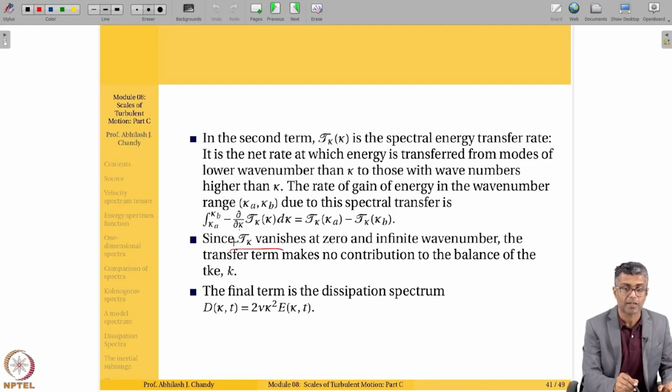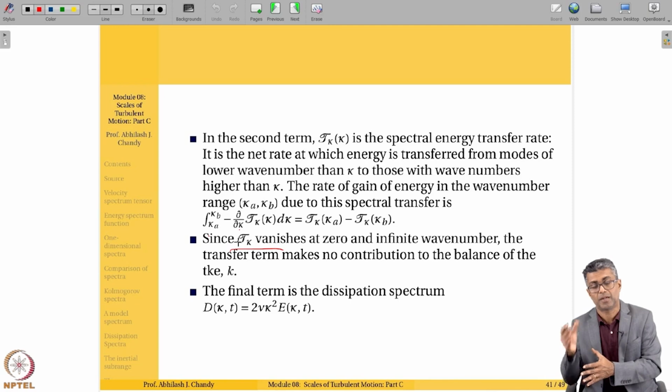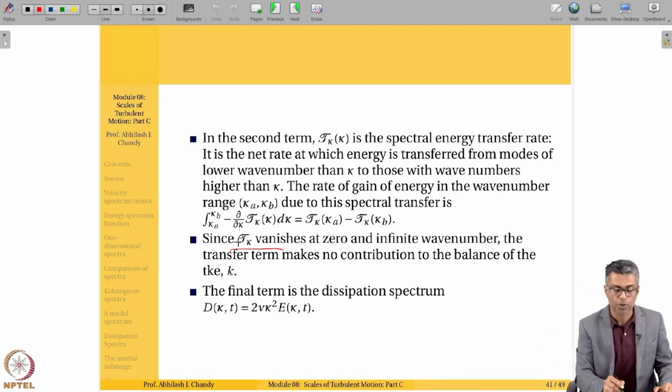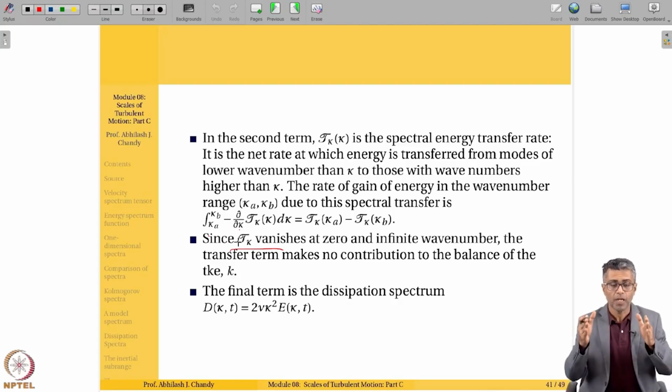Since you are integrating a derivative, you will actually get that term exactly, isn't it? Because the derivative goes away. So what you have is T kappa at kappa A minus T kappa at kappa B. That is the important point. If you want to take the energy transfer rate over a certain range, it's basically the difference of the endpoints.